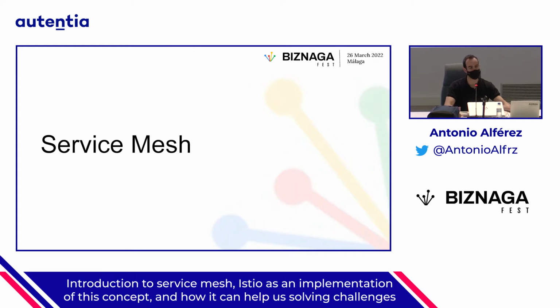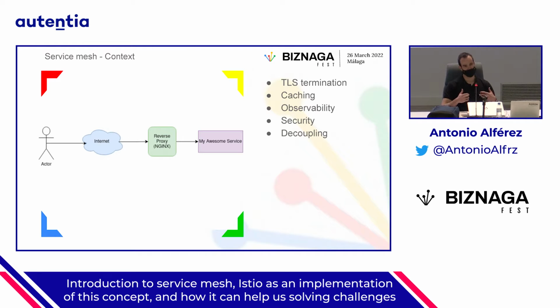Let's try to answer the question of what a service mesh is. Before doing that, I would like to introduce you to some preliminary concepts to pave the way to understand this technology. The first one is reverse proxy. Probably you've heard of it before. It's just an architecture, a paradigm whereby we place a proxy between our application and the network where the traffic comes from.